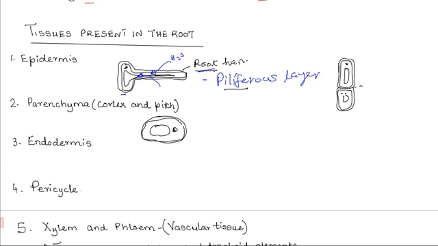The parenchyma cells that are found just beneath the epidermis, that is between the epidermis and the vascular tissues, make up the cortex.